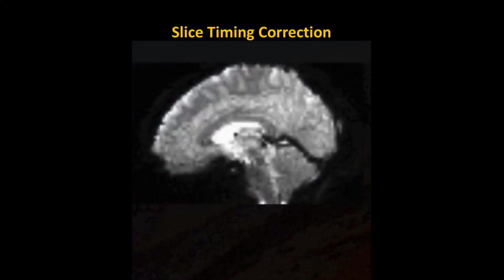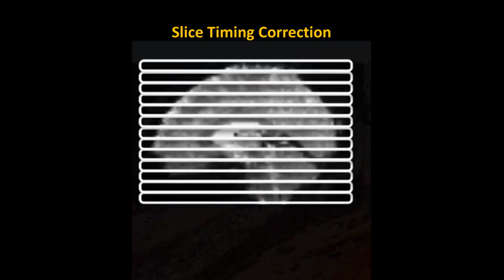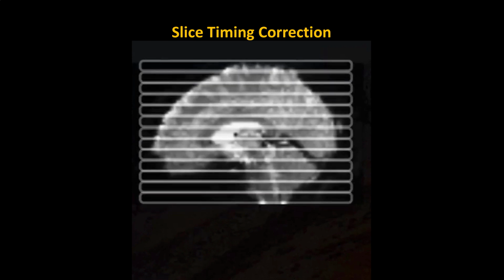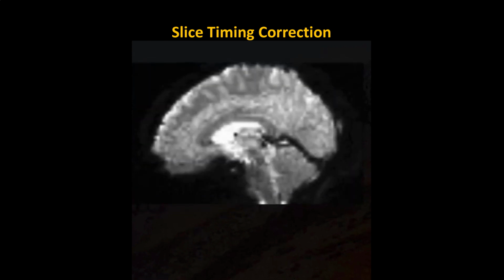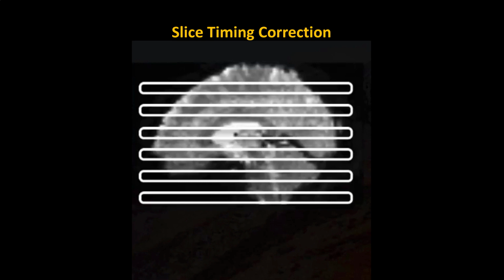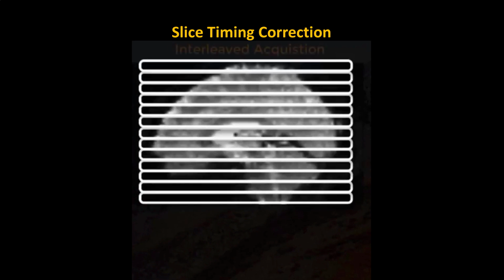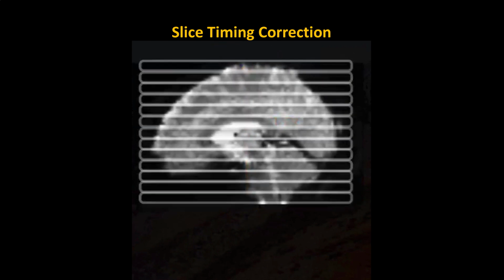But when we acquire these, we are acquiring slices, 1 slice, 2 slice, 3 slice, and so on from bottom to top. Sometimes this is done in an interleaved sequence, so every other one, then every other one after that. So in reality, it takes 1 TR to traverse from the first slice to the last slice.